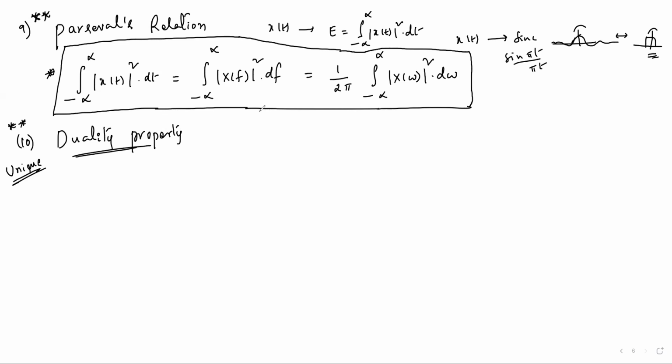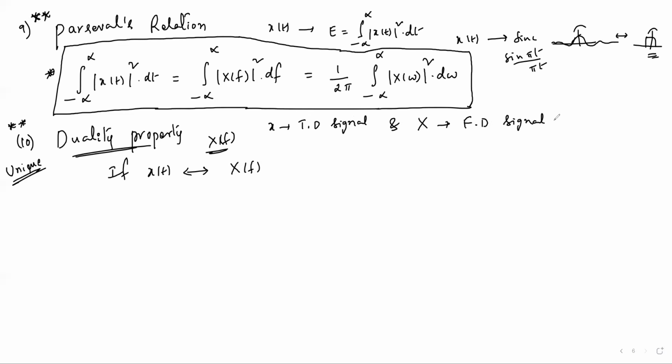Let's have this property also in both formats, x of f and x of omega. So first, x of f. If x of t Fourier transform is x of f, observe small x is time domain signal. The variable small x we are using for time domain signal, and capital X we are using for frequency domain signal, a dependent variable simply. Independent variable we know. In time domain t is independent variable, in frequency domain f is independent variable.